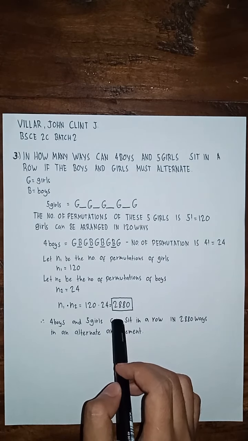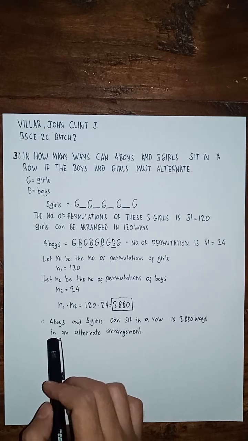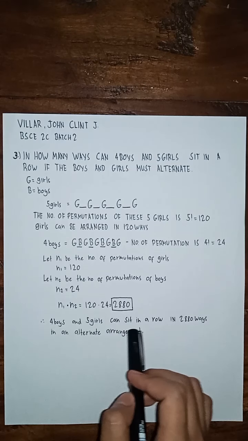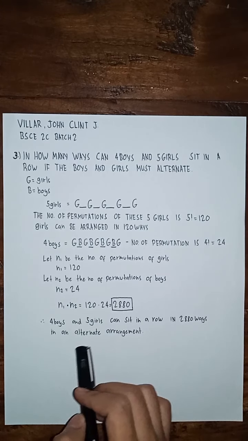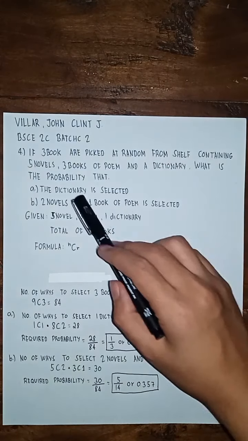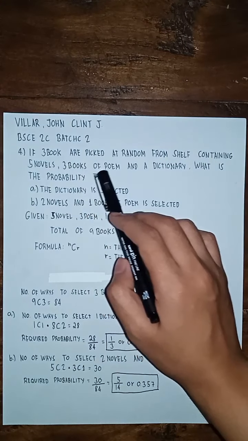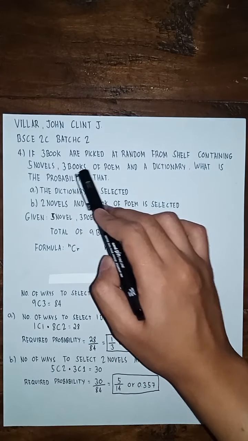So, the answer is 2,880. So, therefore, 4 boys and 5 girls can sit in a row in 2,880 ways in an alternate arrangement.